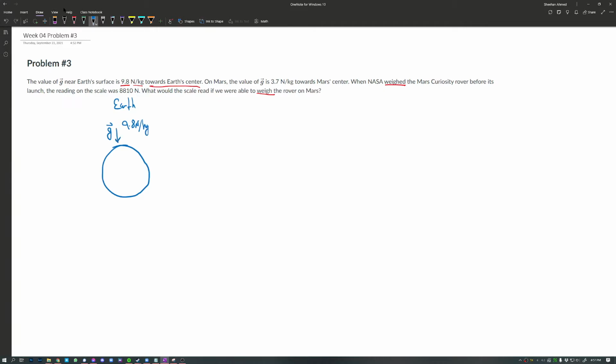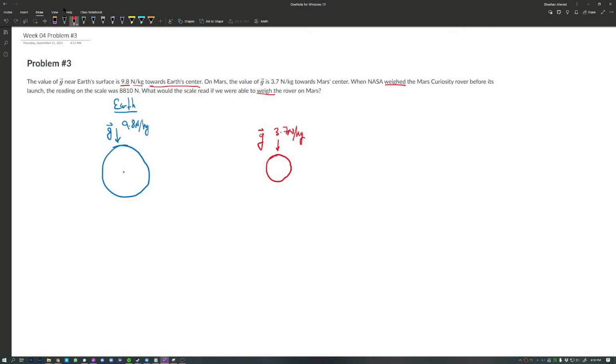That's what we mean by downwards, right? Towards the center of Earth. Mars, our favorite red planet, a little bit smaller, has a G value that is 3.7 newtons per kilogram. So for every kilogram of mass, it pulls it down with 3.7 newtons, pointing obviously towards the center again.